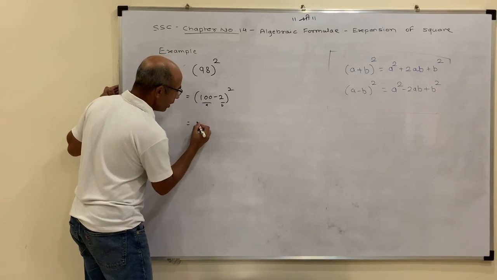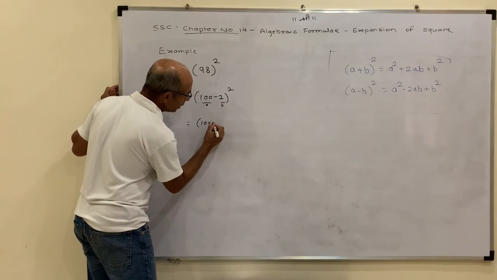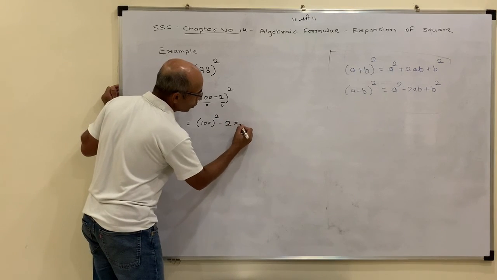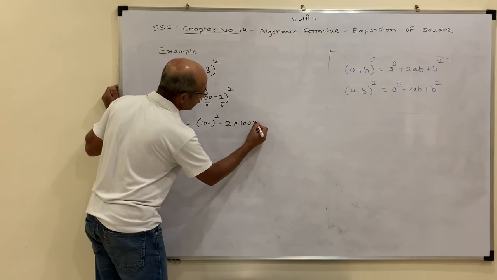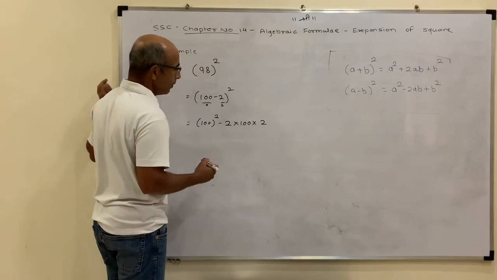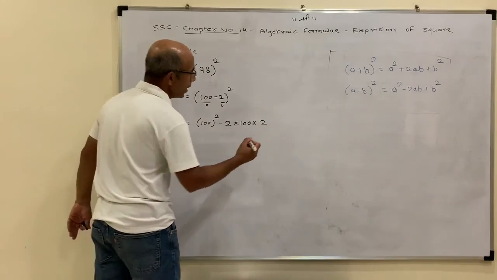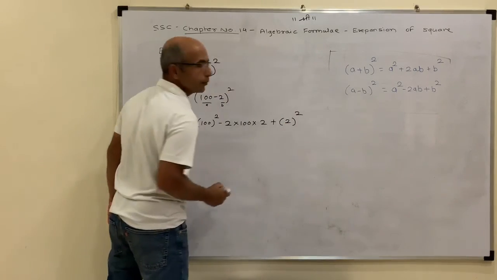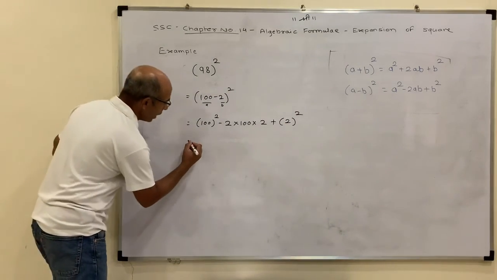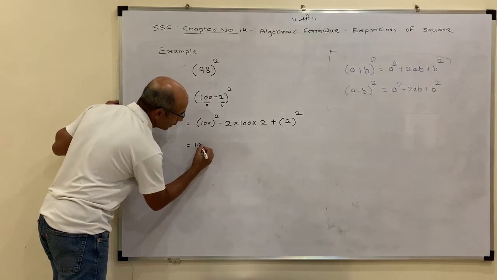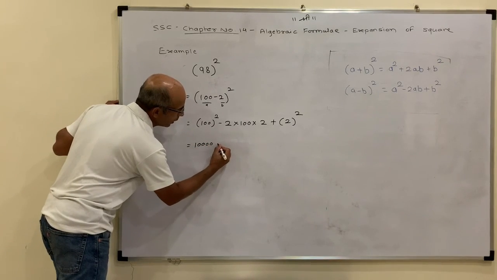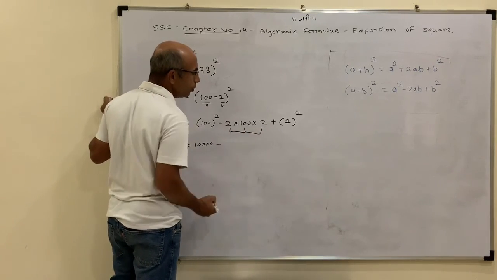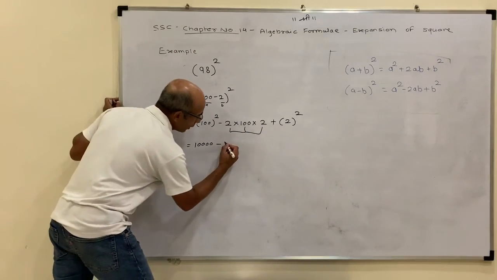So now 100² minus 2 into 100 into 2 plus 2². 100² is 10,000. Minus 2 into 100 into 2 comes out to be 400.